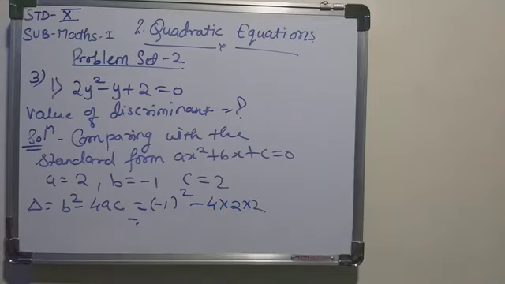The square of a minus is always positive, so you will get 1 minus 4 2s are 8, 8 2s are 16. 1 minus 16 is minus 15. So your value of discriminant is minus 15. This is how you are going to solve question number 3. Now question number 4.